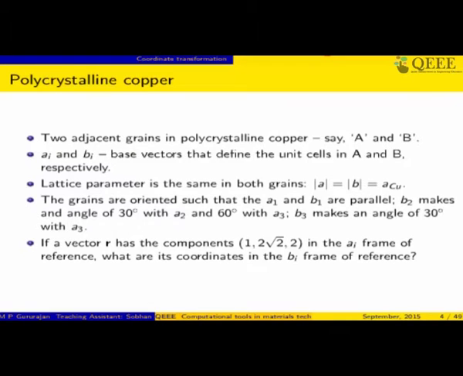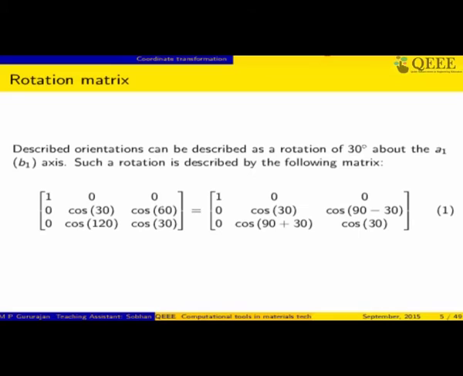So that is what we want to understand. To describe what the components of the R vector are going to be in the B frame of reference, we need to define what is known as a rotation matrix. So what is a rotation matrix? That is what is shown in this slide.